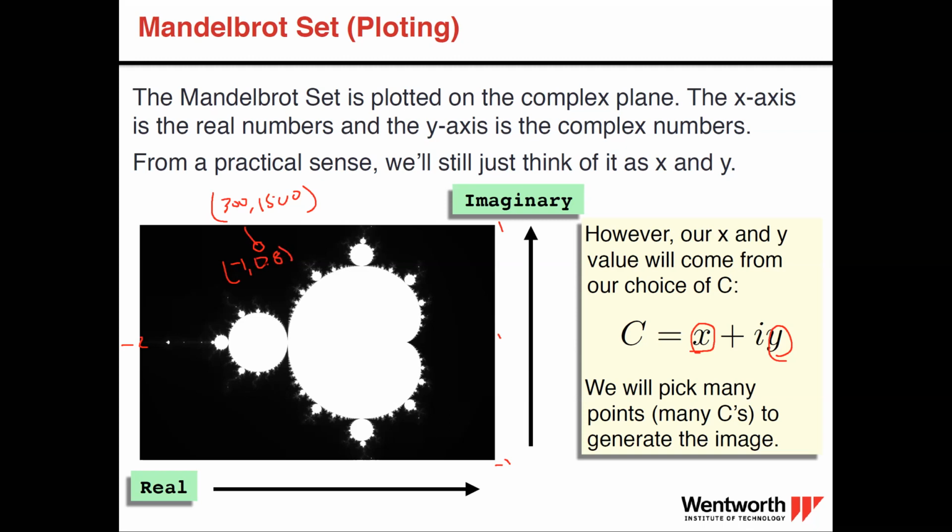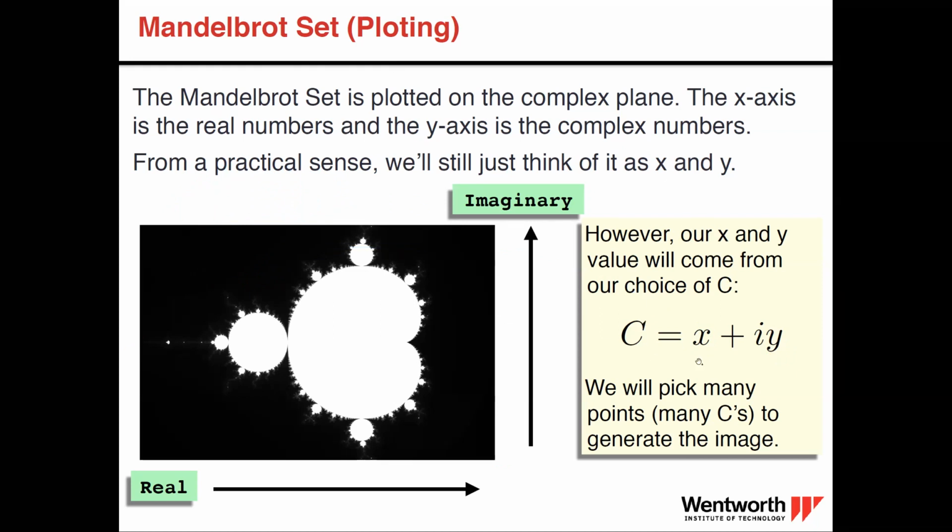It's going to be some number. This is the X and Y that needs to go into C, not the pixel numbers. We don't want these. These don't go into C. That's not how this is going to work. We need to translate from a pixel number to an actual complex number and then run the calculation. So there is a translation that takes place, and I'm going to show you how to do that in just a second.